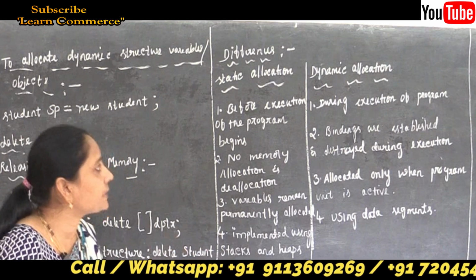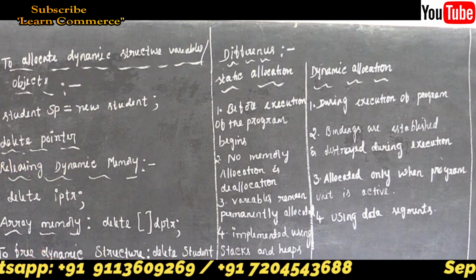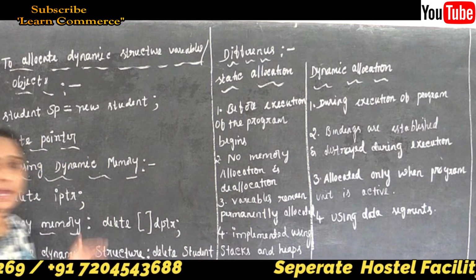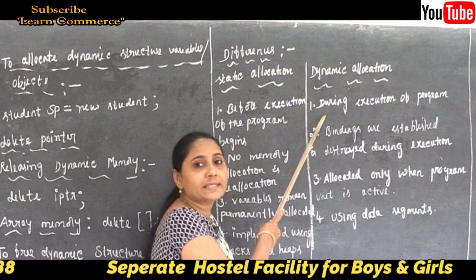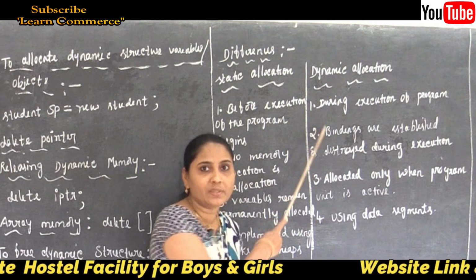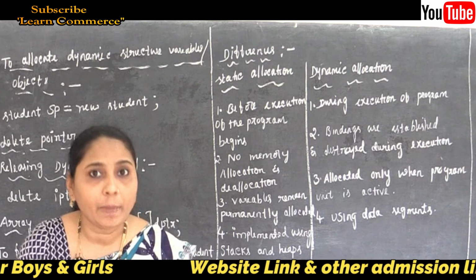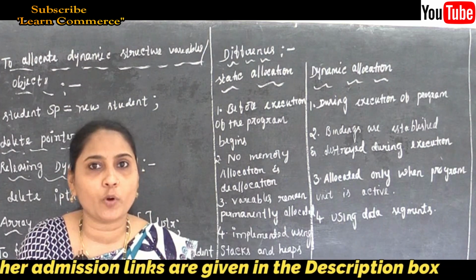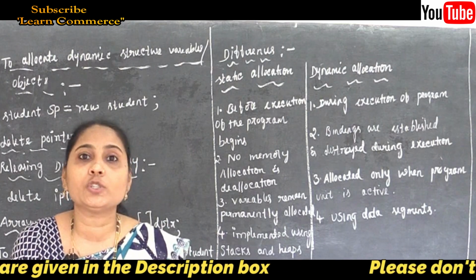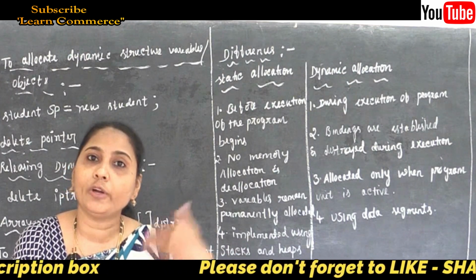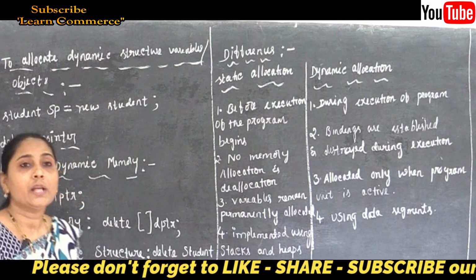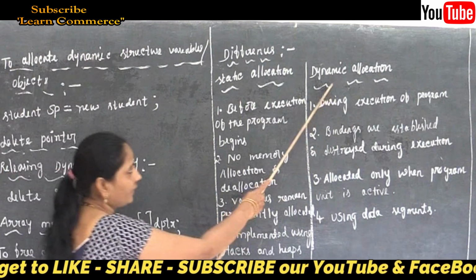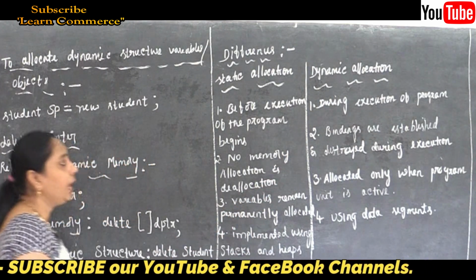In this case, the memory is allocated during execution of the program, that means during runtime as and when required. Clear this point here? While the program is running, we allocate memory and we deallocate memory. So this is about our dynamic allocation of memory.